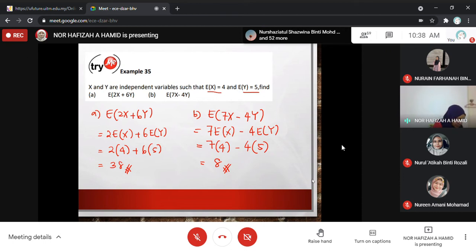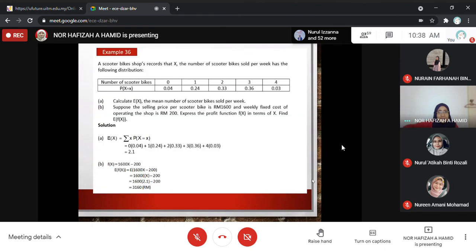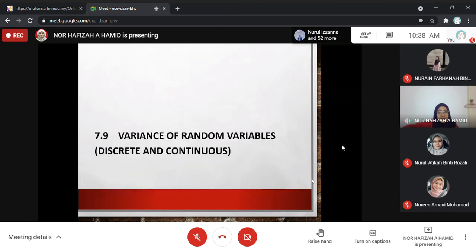So variance is also easy. It applies the formula for expected value again. So 7.9, variance of random variables. Earlier we had the mean. The mean has different formulas for discrete and continuous. For discrete, the formula is the summation of x times the probability.